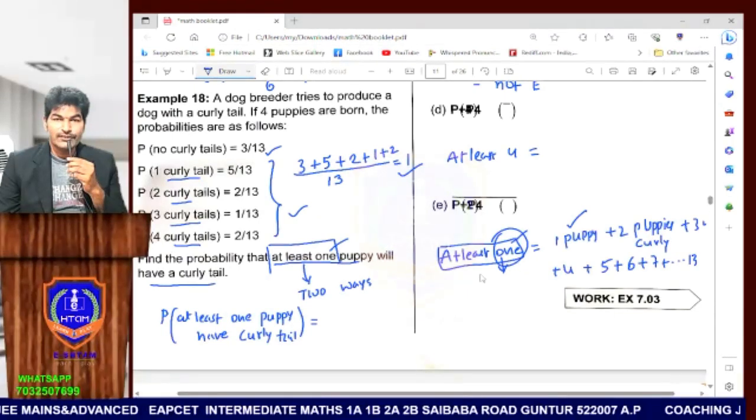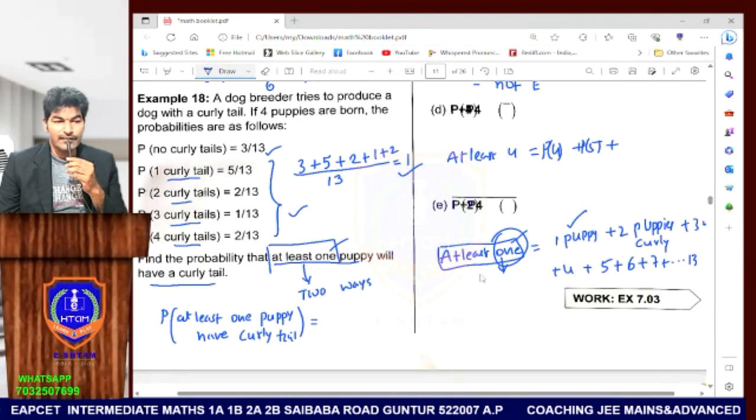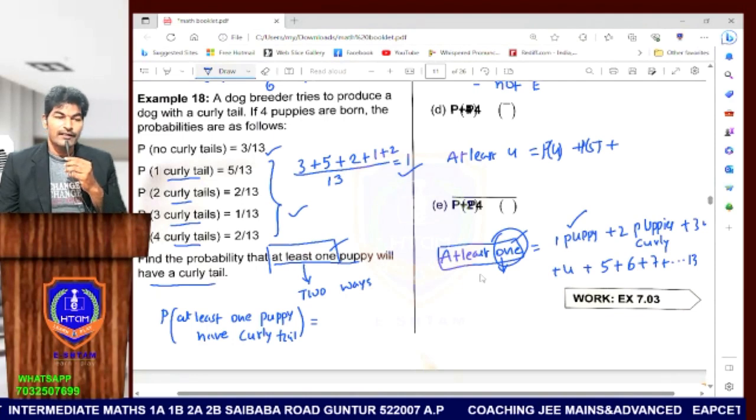At least 4 means you have to start from 4. 4 puppies having a curly tail, 5 puppies having a curly tail, and you have to write all the probabilities, not sum all these values. Don't do 4 plus 5 plus. It is just indicating the probability of having 4 puppies with a curly tail. P of 5 means 5 puppies having a curly tail, and so on.